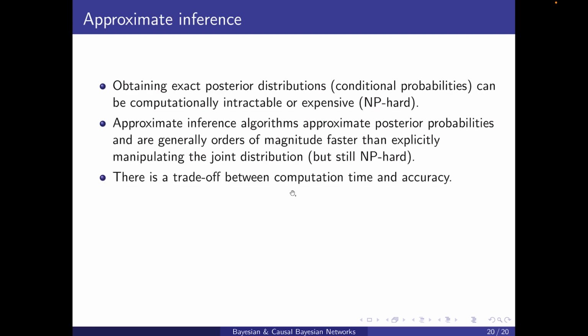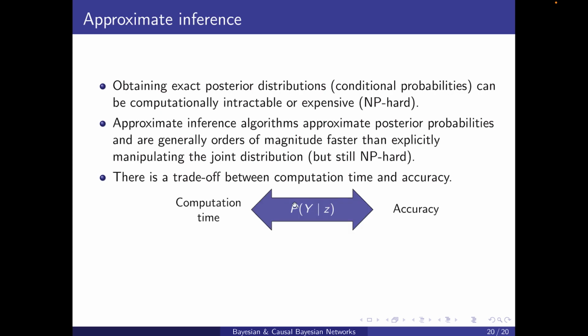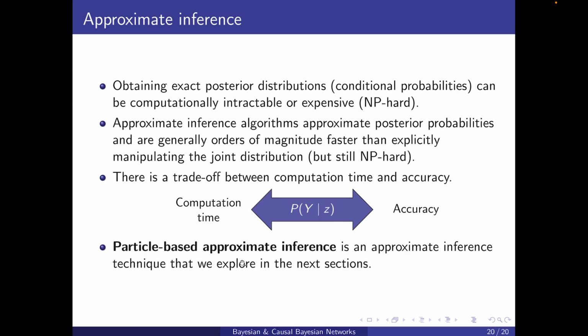So there is a trade-off between computation time and accuracy. And this is quite common, not just in Bayesian networks. The type of approximate inference that we're interested in is particle-based approximate inference, which we will explore in the next sections. Thank you.